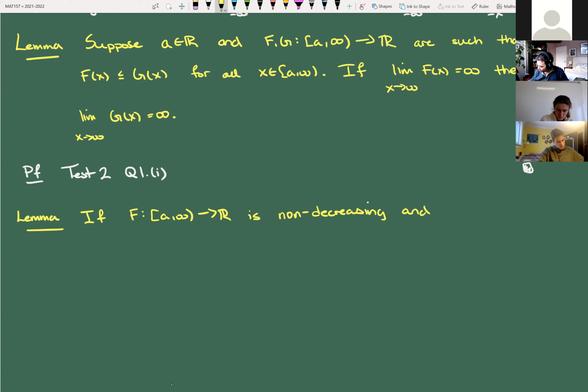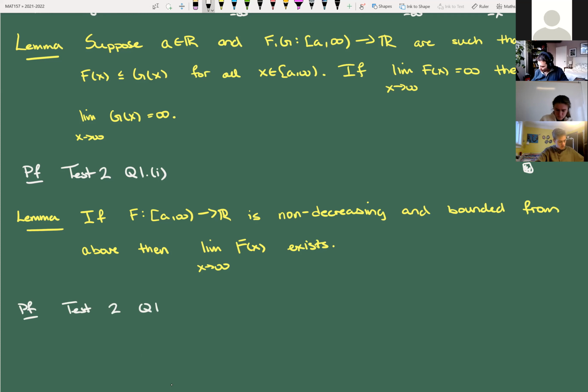And bounded from above, then it has a horizontal asymptote. Okay, and this was test 2, question 1.2. I might have stated it a little bit differently, but that should be morally it. Do you guys remember that? Hopefully I stated those more or less correctly.